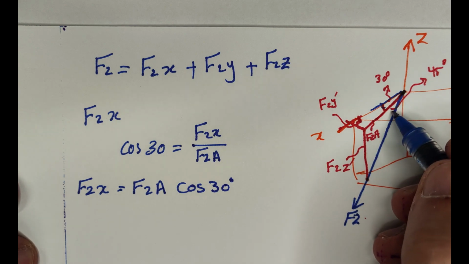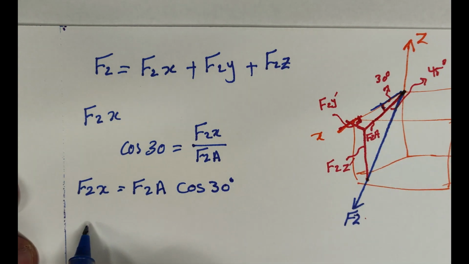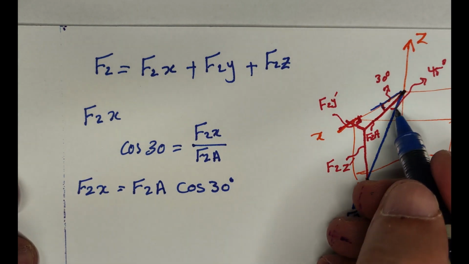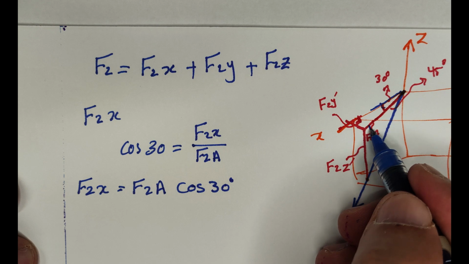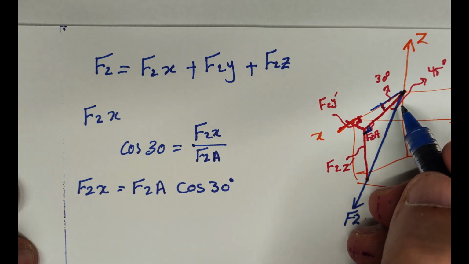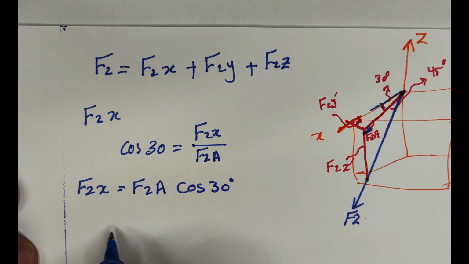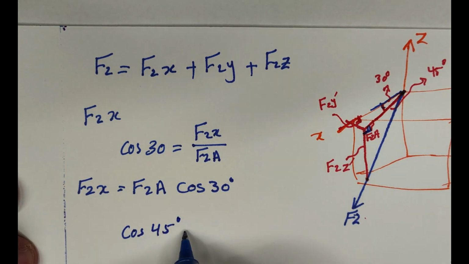We've been given here that it's 45 degrees. Since this is a right angle as well in here, we can solve for this one, and we can say cos 45 equals adjacent F2a divided by F2.